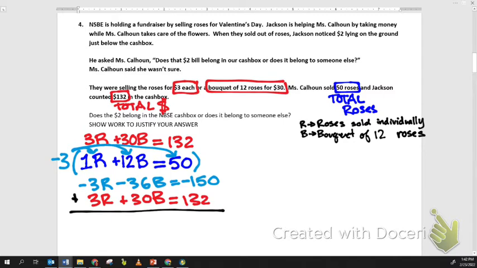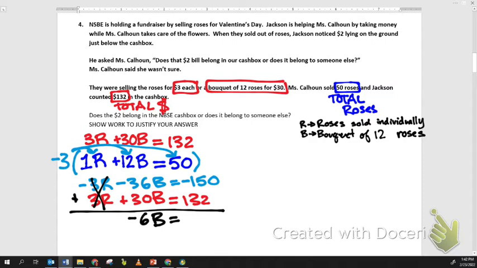So just like I wanted, my -3R and 3R are going to cancel out. They'll end up being 0R. My -36B plus 30B will be -6B.